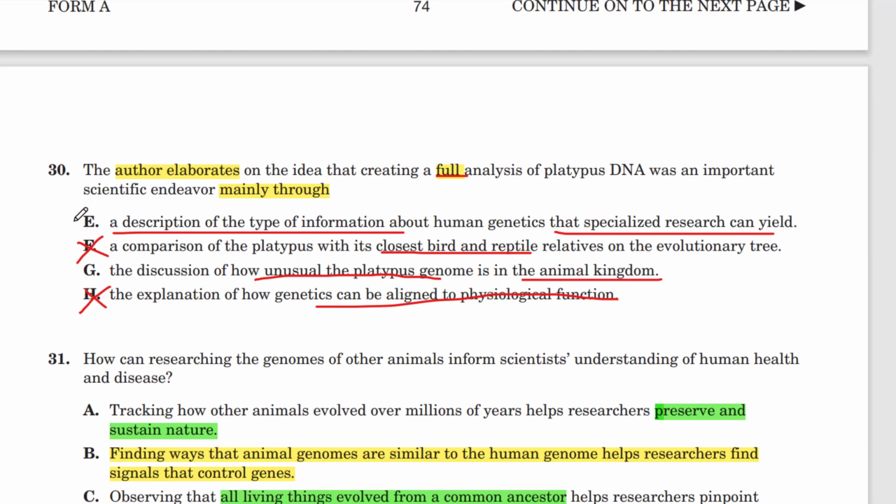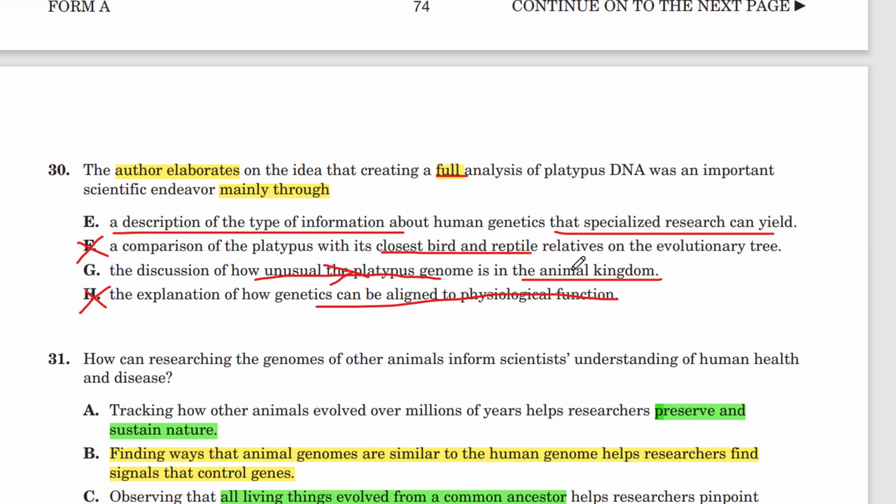So which would be right between E and G? The discussion of how unusual the platypus genome is in the animal kingdom? Well, is the value to science the fact that it's unusual? No, the value is that it allows us to do that DNA analysis. So I don't think this is quite the right idea.